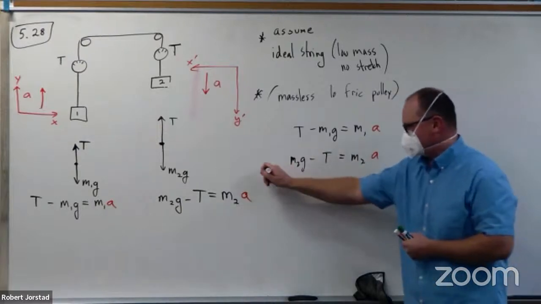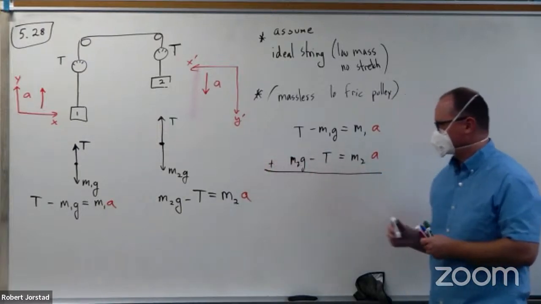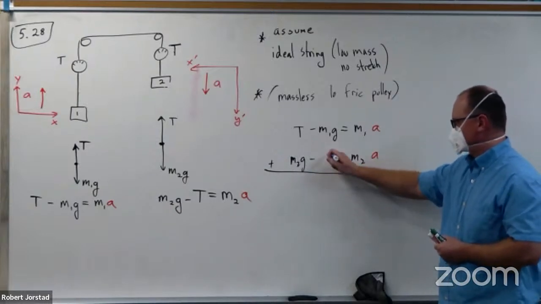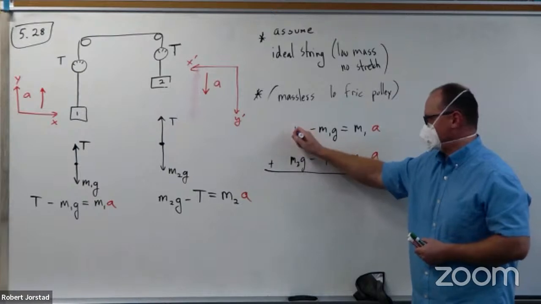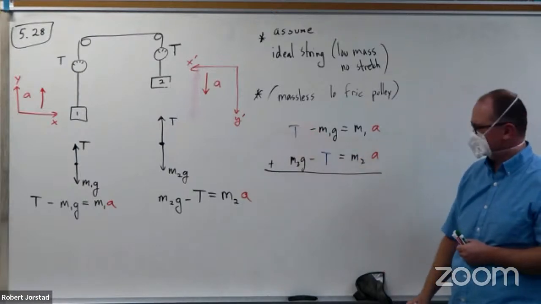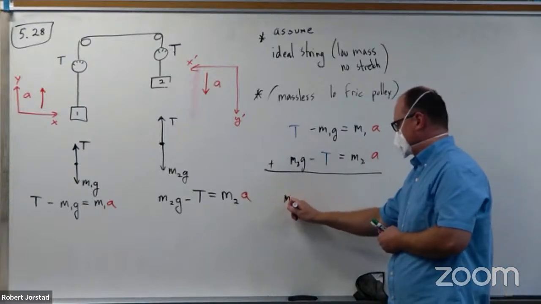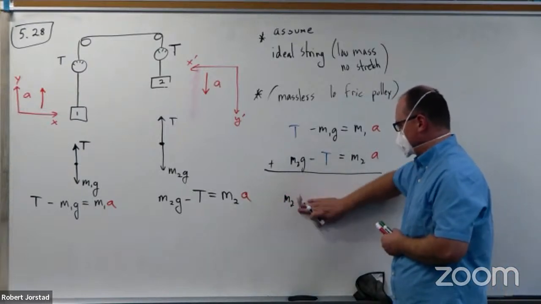Take a look. I can stack these equations and add them. What force drops out? See, the internal force drops out. You see it? What do we get? M2 minus M1 G?